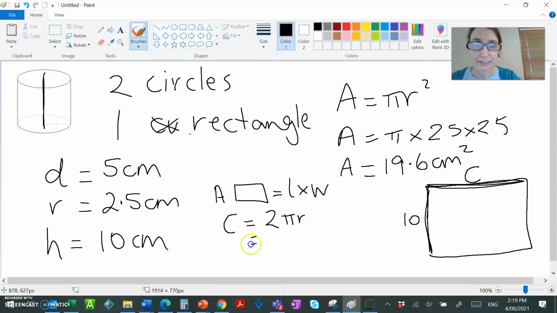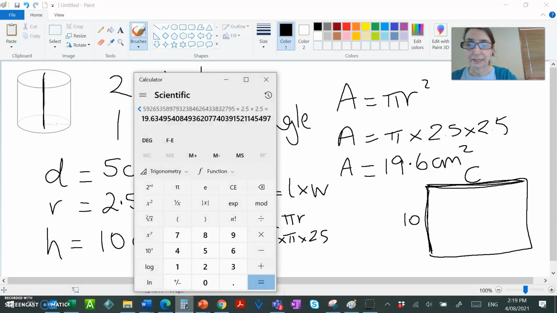So in this case, it's going to be 2 times pi times 2.5. Bring up my calculator here. 2 times pi times 2.5 equals, that's wrong. I must have done something wrong. Try again. 2 times pi times 2.5. I missed hitting a button.